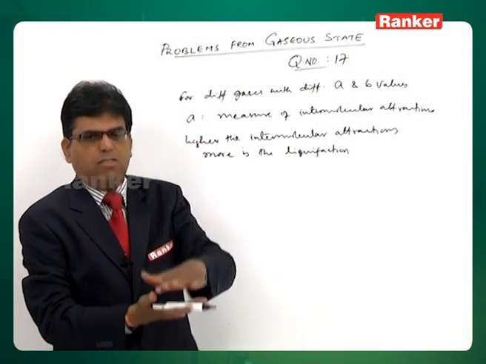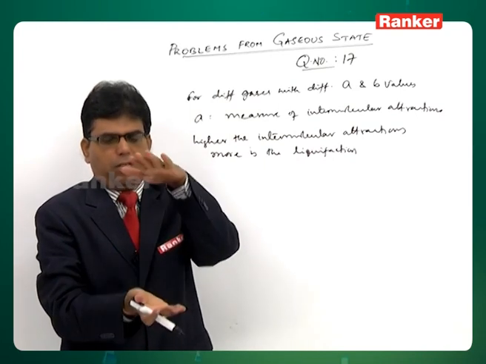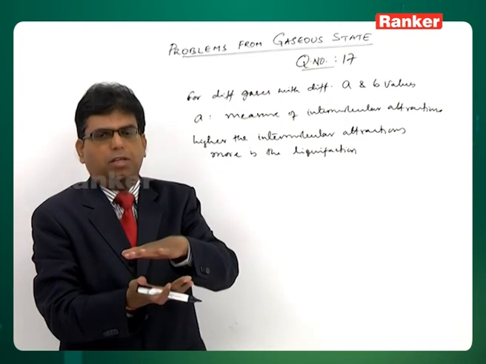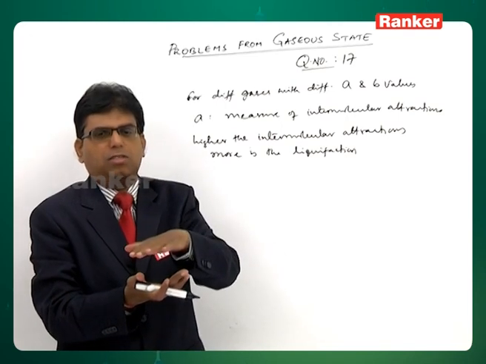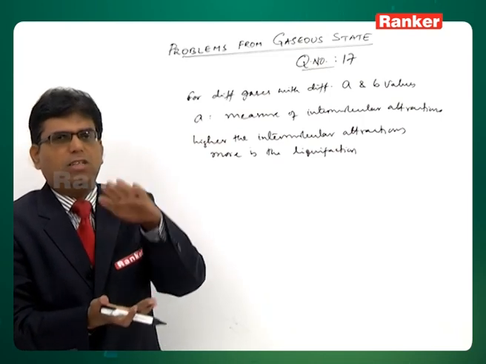The gas can be compressed easily. If interactions are more, then the molecules will come very close, and on increasing the pressure or compressing, the gas can be easily liquefied. If intermolecular attractions are more, the gas can be compressed easily.